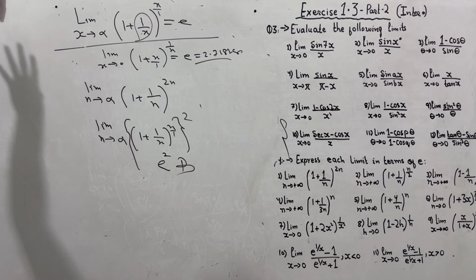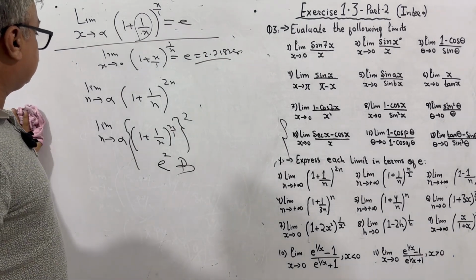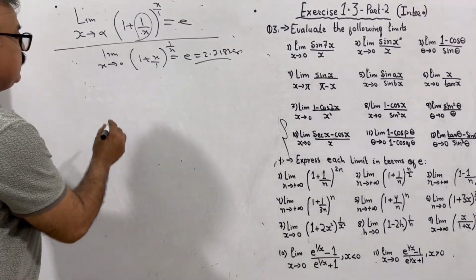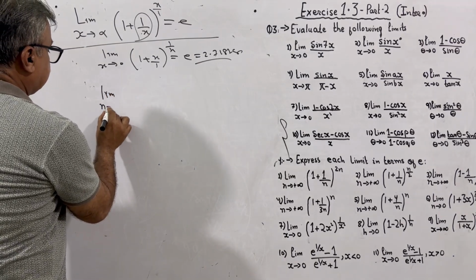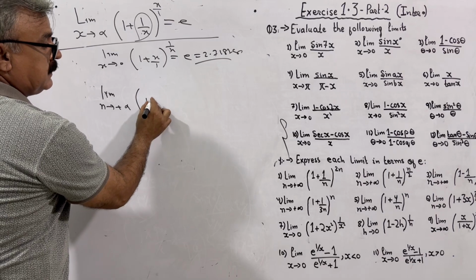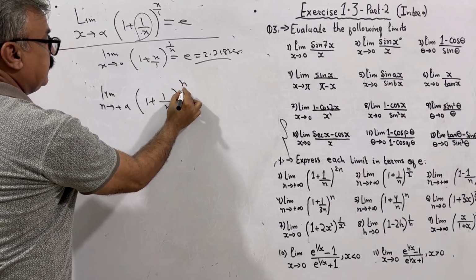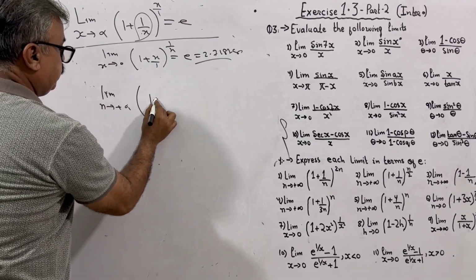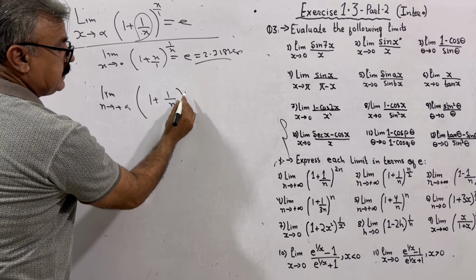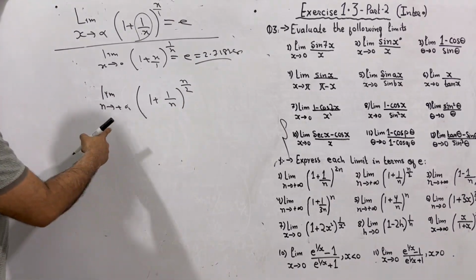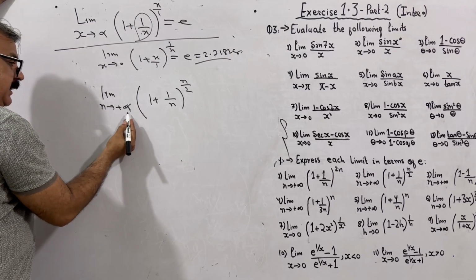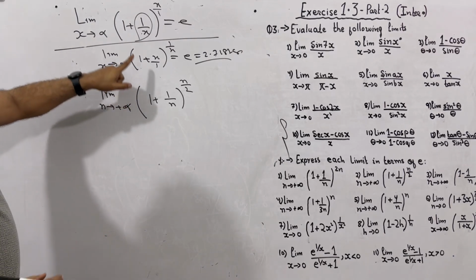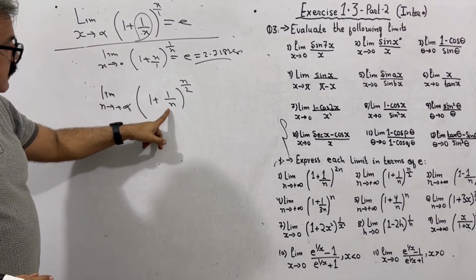Moving towards the next question. Let me raise this in order to make space. Limit n tends to infinity. Here, positive infinity is mentioned. It's okay. 1 plus 1 upon n raised to n over 2. The overall power is variable. It's a form of e; just compare with this one, 1 plus 1 upon x raised to x. 1 plus 1 upon n, we need n.